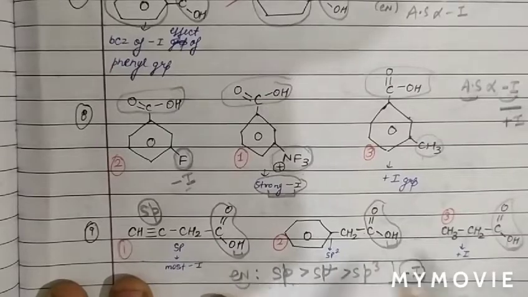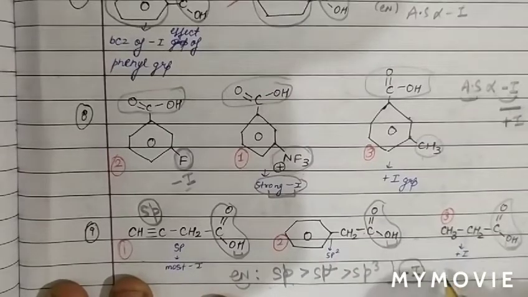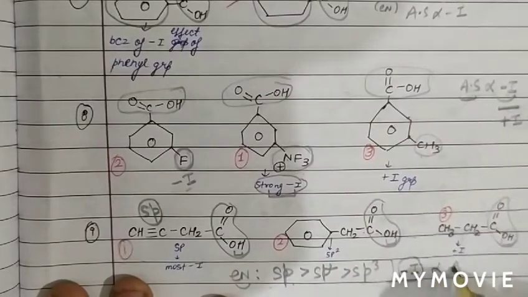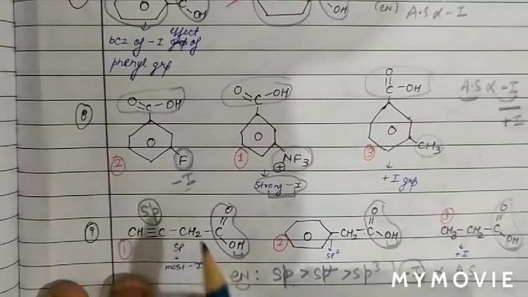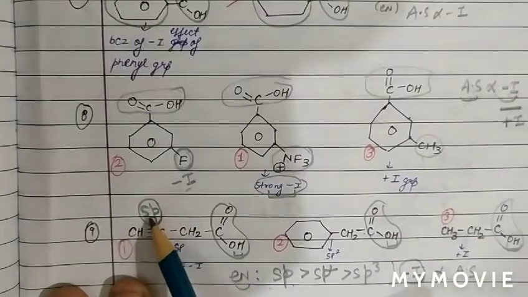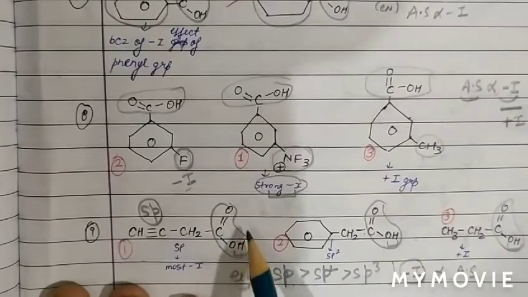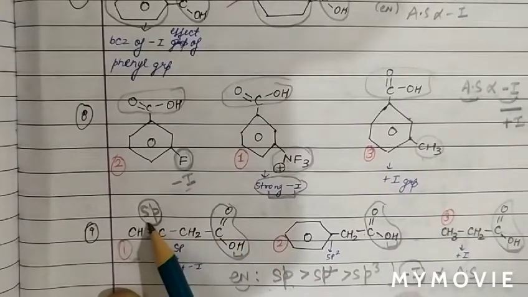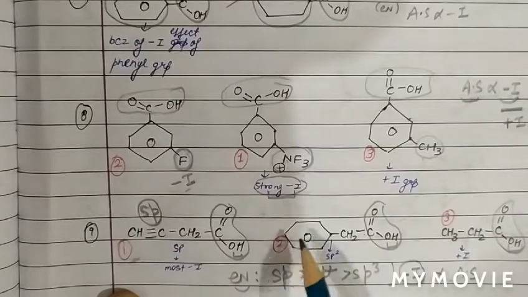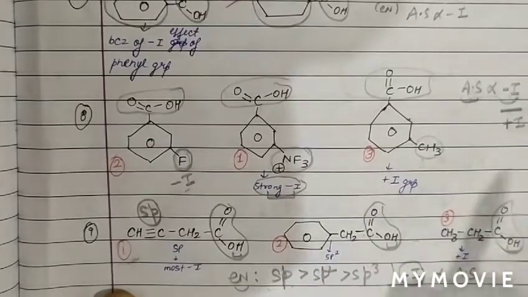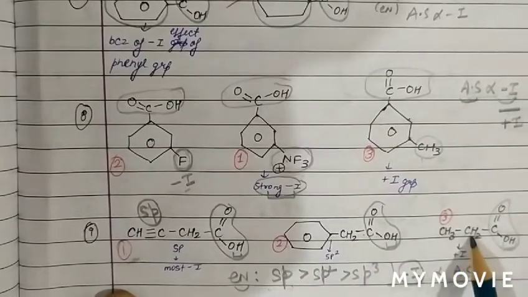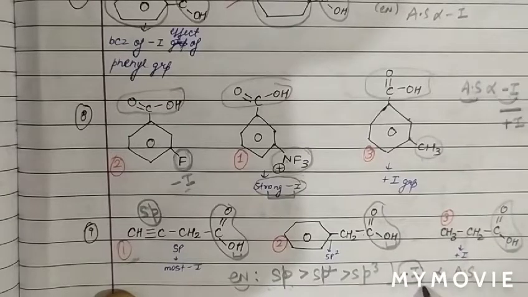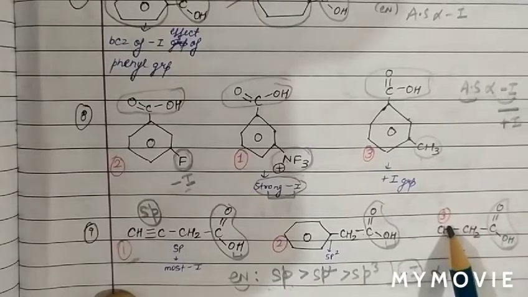More electronegativity means more minus I effect, and minus I effect is proportional to acidic strength. So due to more electronegativity, more minus I for sp, this is a stronger acid, therefore it comes at number 1. Then sp2 carbon, so the acidic strength at number 2, and then plus I decreases the acidic strength, so it is at number 3.